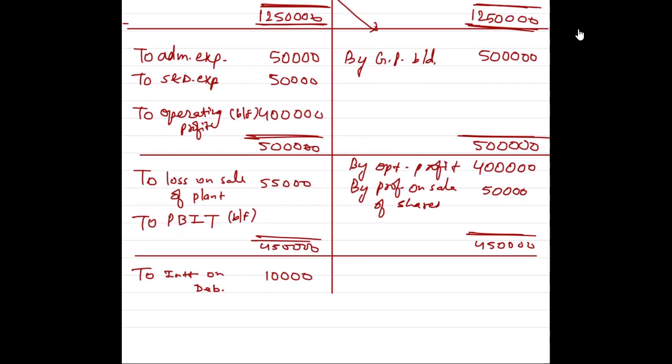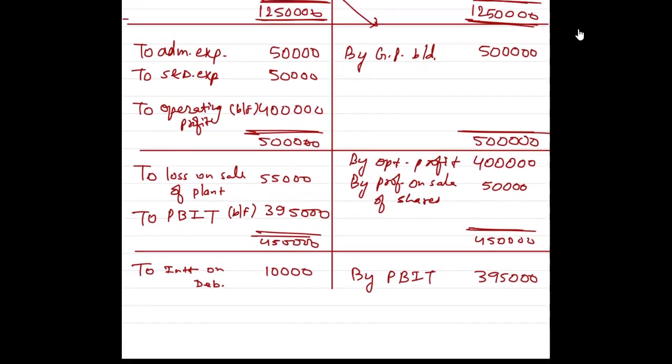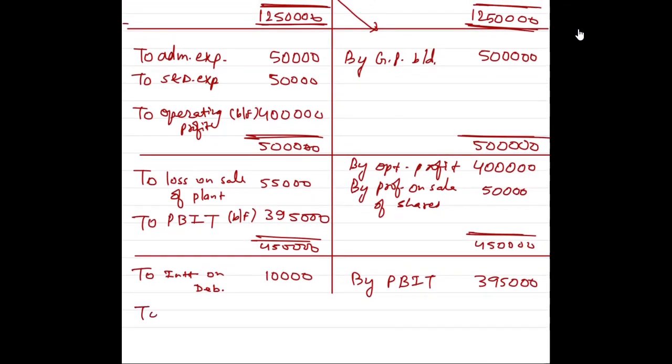If I deduct 55 from 450, profit before interest and tax would be 3,95,000. And at last, if I deduct the interest, I will get profit after interest and tax. Tax is nowhere written in the question, so let us assume that this is profit after tax, 3,85,000. Let's do the total, 395 and 395.